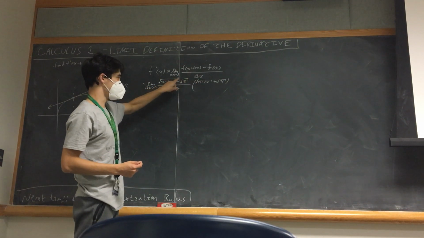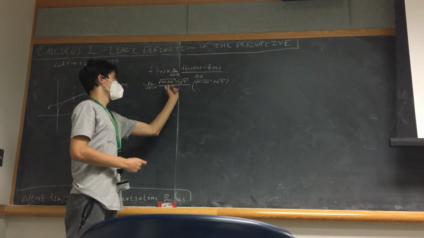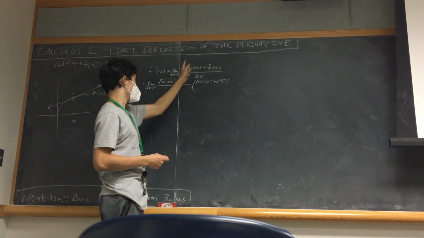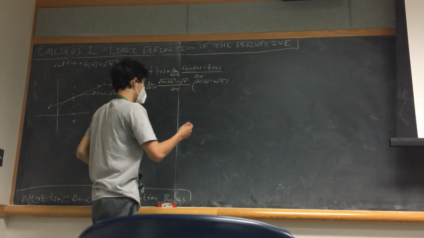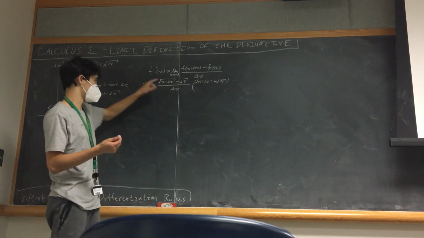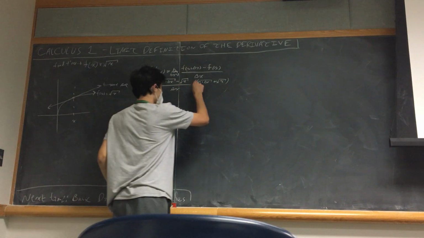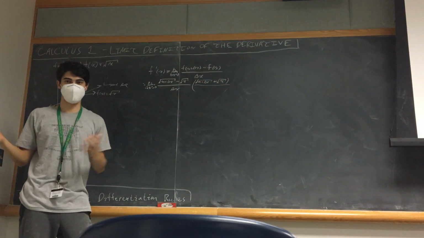This would give you minus square root of x plus delta x, but this would give you plus square root of x plus delta x. So those terms cancel, and these terms here give you negative x. But you can't just multiply the numerator, because this wouldn't be an equivalent function. But if you multiply anything by 1, it's the same thing.